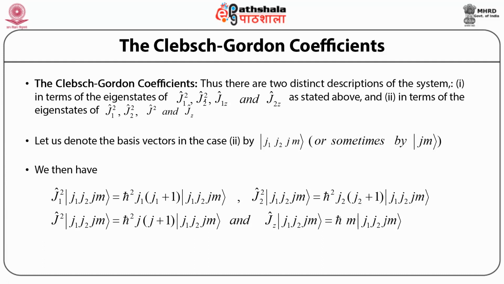So, operator J square acting on ket J1 J2 J m is equal to h cut square into J into J plus 1 into ket J1 J2 J m, and operator Jz acting on ket J1 J2 J m is equal to h cut times m acting on ket J1 J2 J m. This representation is called the coupled representation.